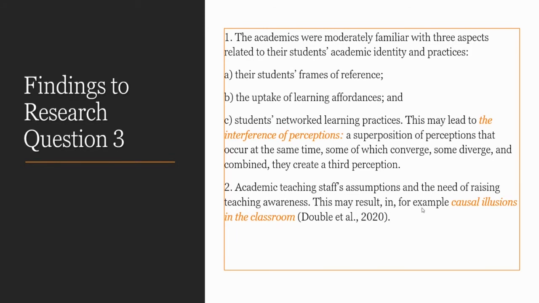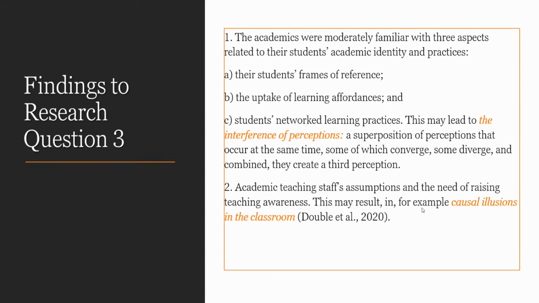After my PhD, I kept reading and found a quite interesting series of papers about so-called causal illusions in the classroom. Double, from Oxford University, just published a quite interesting paper about causal illusions in the classroom, analyzing 6 different interventions.